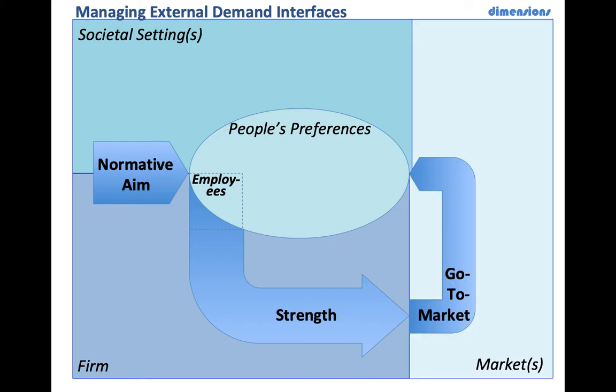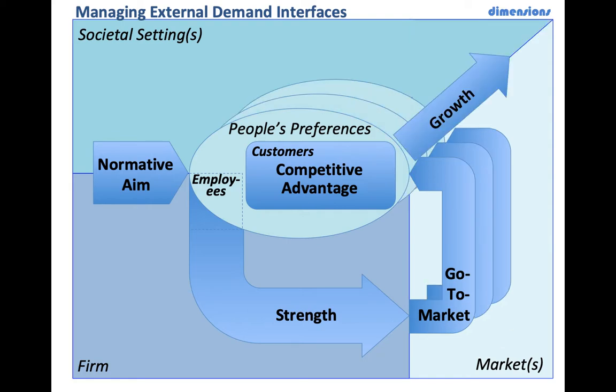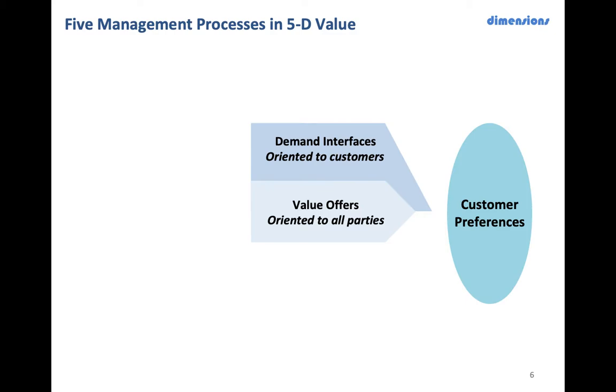The go-to-market model shapes and positions the strength as market offers to customers. The competitive advantage constitutes the particular benefits generated by the organization and is reinforced by the normative aim. These 4 elements form a closed loop, and growth extends this loop to new markets, addressing different sets of preferences in new societal settings. The second process manages the interests of the customers, forming the path to the different markets and societal settings.